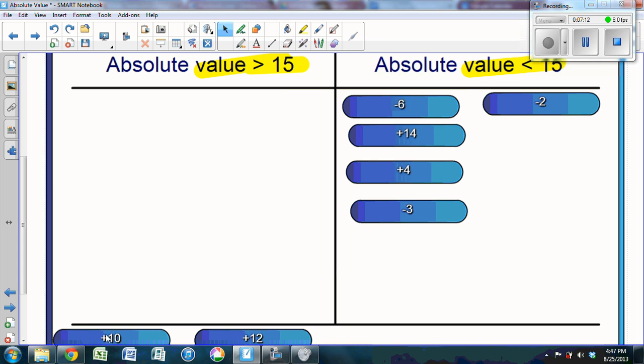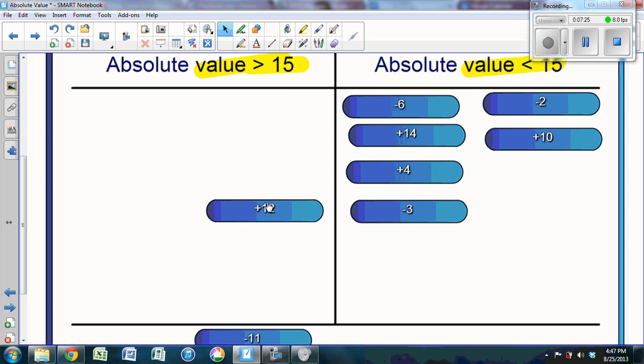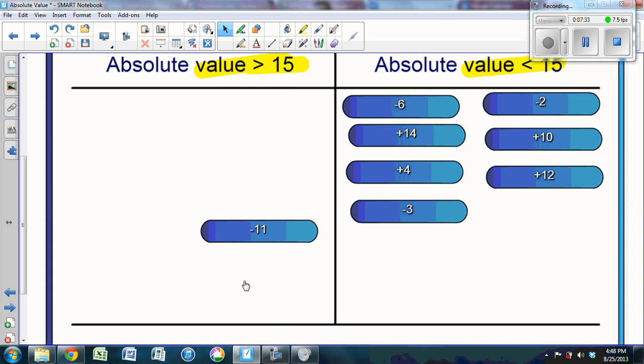That would be less than 15. The absolute value of 10 is 10, so that is less than 15. The absolute value of 12 is 12. That would be less than 15. The absolute value of negative 11 is positive 11. That's less than 15. I think I got some more down here.